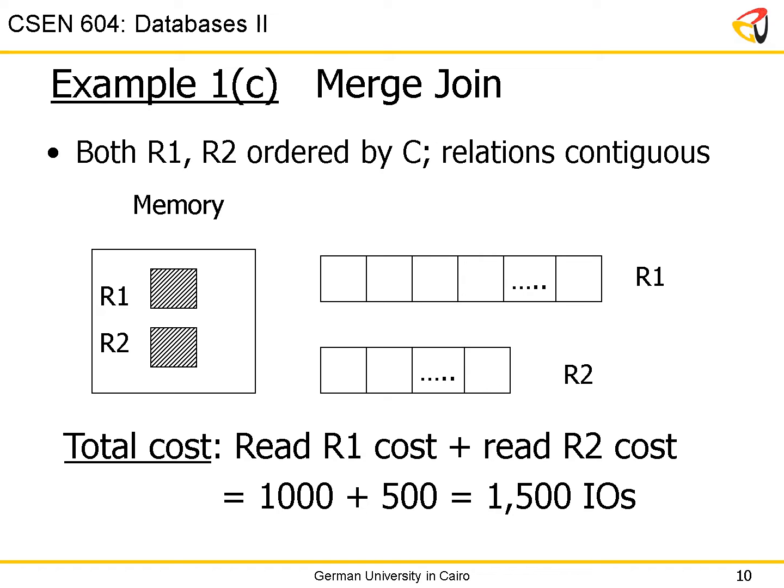Now there are some special cases where the data will be so bad that we might run into a scenario where the number of pages we have in memory is very limited, and when we are joining R1 and R2, we get lots and lots of duplicates.